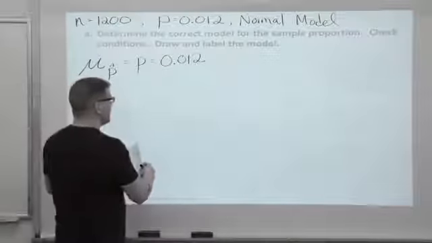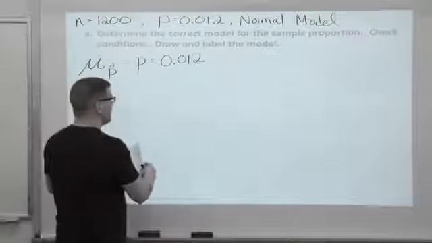Okay? Standard deviation, sigma of p hat. That's this formula. To save space, it's the square root of p times 1 minus p over n. I'm just going right to the numbers. You can flip back a page or two if you need to see the letters and symbols. So p is 0.012, 1 minus that, divide by 1,200, square root that thing.